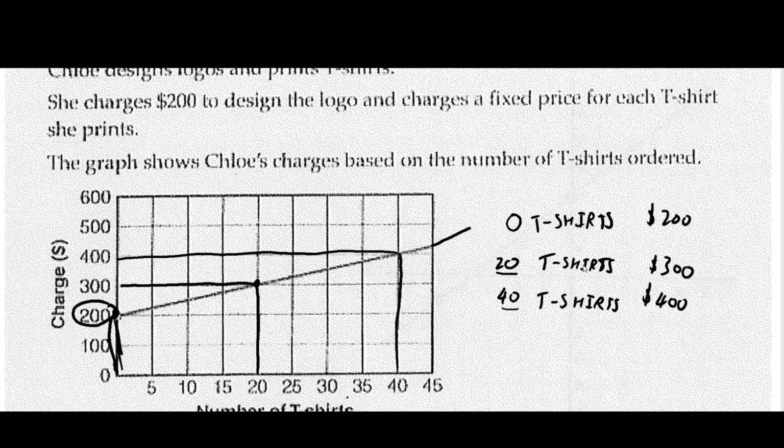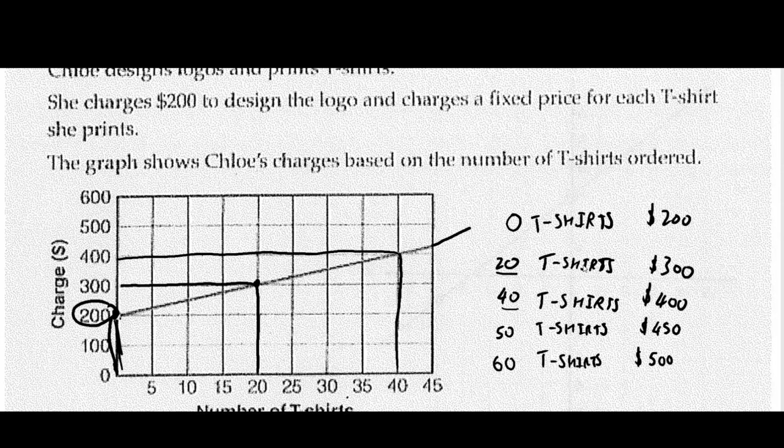So if it was 60 t-shirts, it would go up by another 100 which is 500. But we only want 50 t-shirts. So what that'll be is 450, because it's half as much.